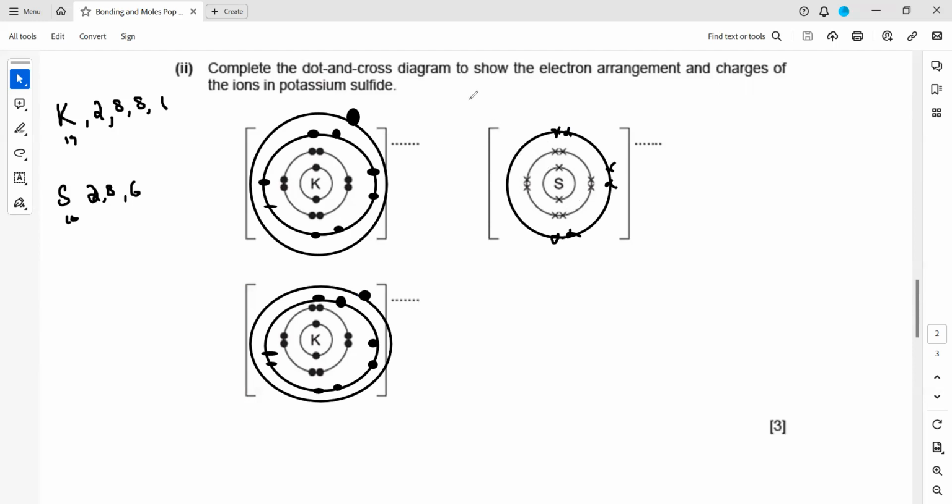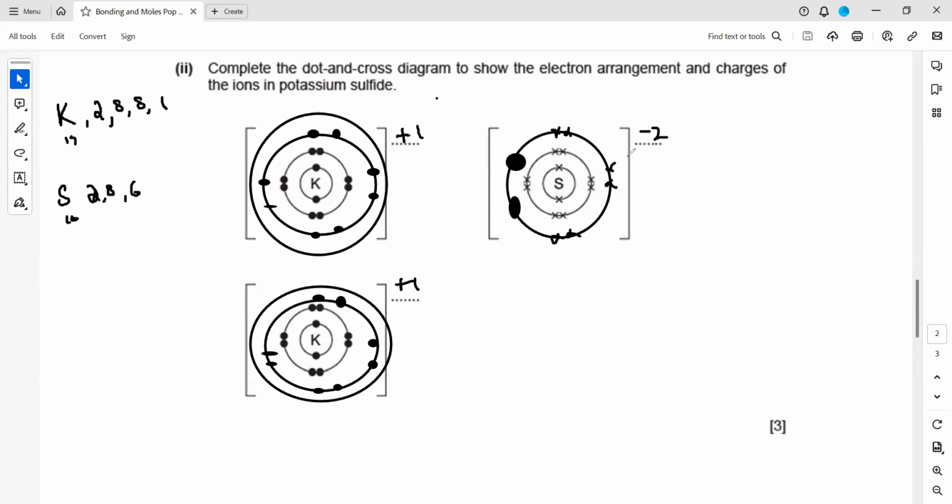What happens? Metals have a tendency to lose electrons. Metals donate electrons, so this electron transfers to sulfur. Same way, this electron transfers to sulfur. As these electrons transfer to sulfur, each potassium loses one electron, so you can say 1 plus, and each sulfur gains 2 electrons, so you can say 2 minus.